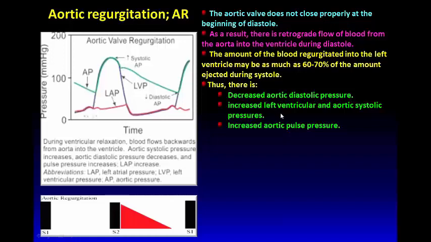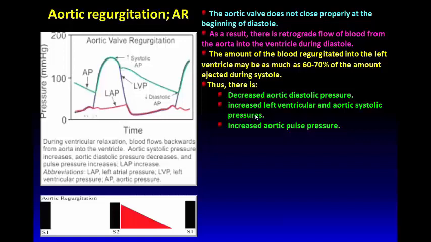but the systolic pressure in the aorta and the systolic pressure in the left ventricle increase. How does this happen? When there is aortic valvular incompetency, blood regurgitates from the aorta into the left ventricle during diastole.